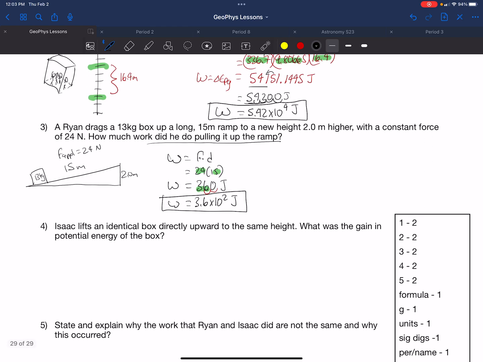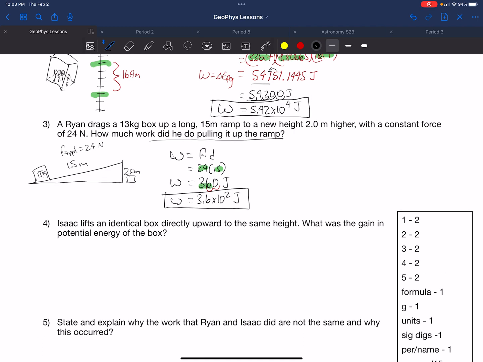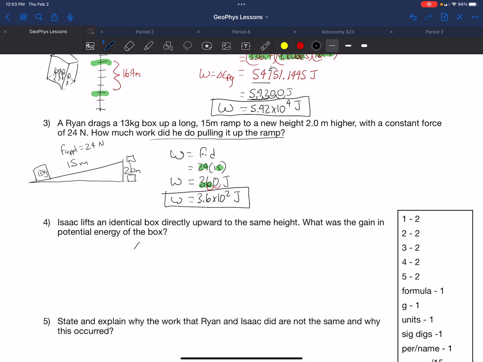Now, Isaac comes in and lifts the identical box straight up to the same height. What was the gain in gravitational potential energy? So the change in gravitational potential energy is mass times the gravitational field strength times the height. The mass is 13, gravitational field strength 9.80665, and the change in height is 2.0 meters.